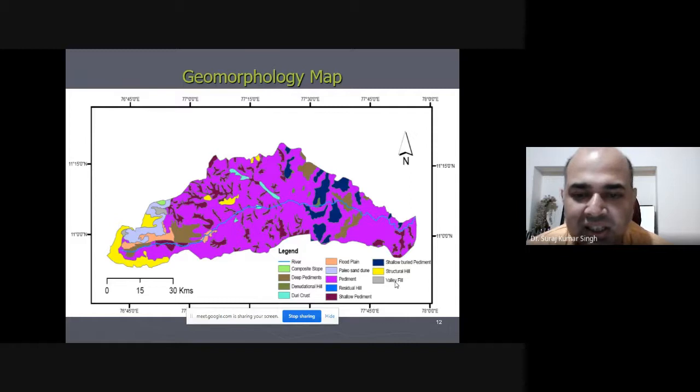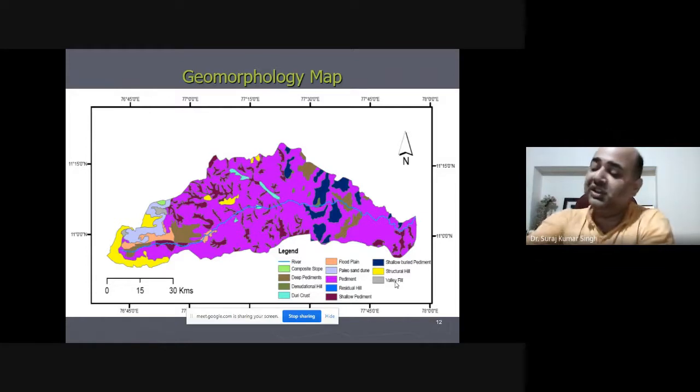By using that tool, you can easily identify each and every parcel of land, the different kinds of landforms, and once you have identified the landforms, you can predict about the future. That's why satellite images provide this information.